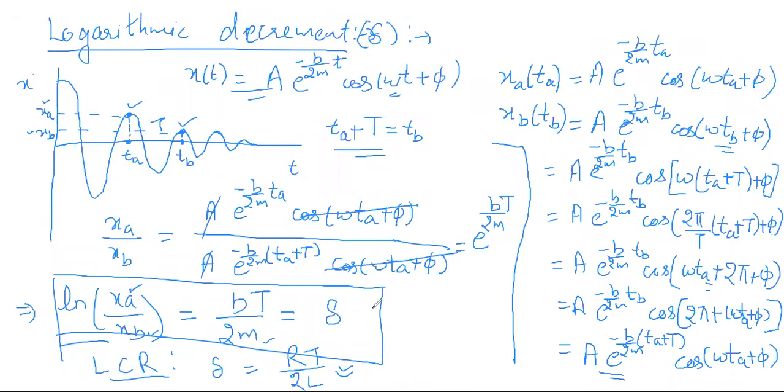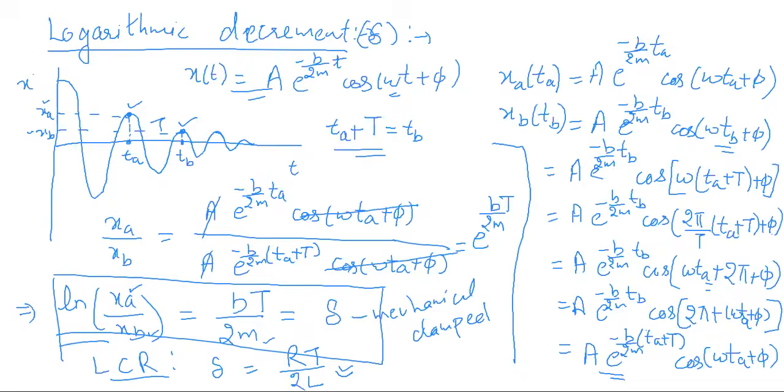And this was your expression for the mechanical damped case, and this is for your LCR circuit. So that is one term which is usually associated with damped oscillations, or to be more specific, with underdamped oscillations.